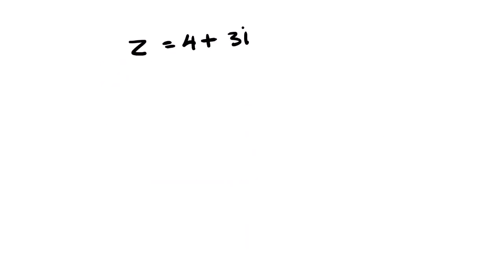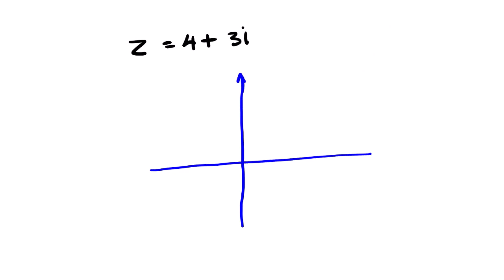Find the modulus of 4 plus 3i. So we can see that this is a, this is b, so it means we have 4, 3. Then 4 is 4 units to the right, so we can take this as 4 units to the right.